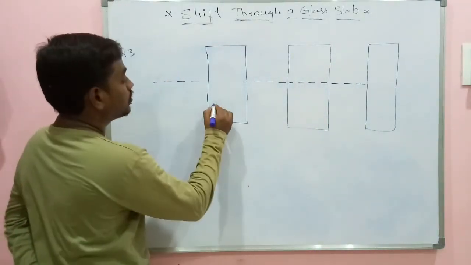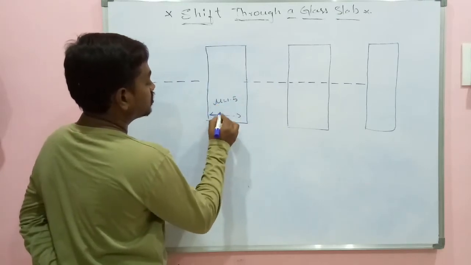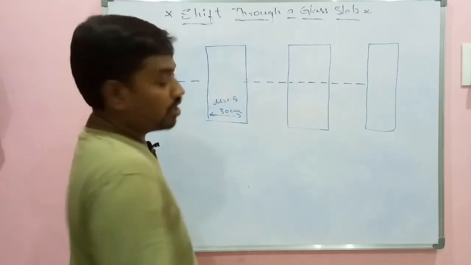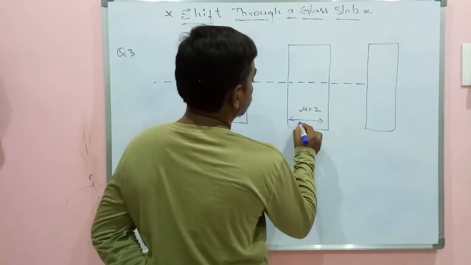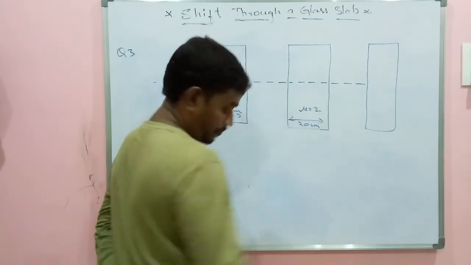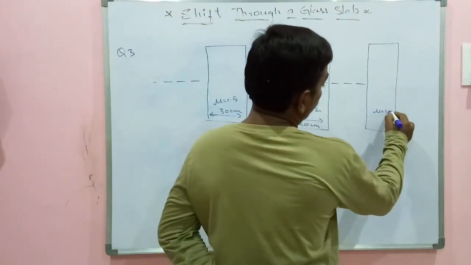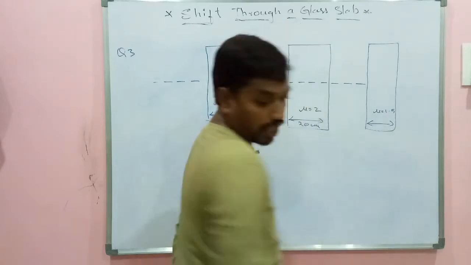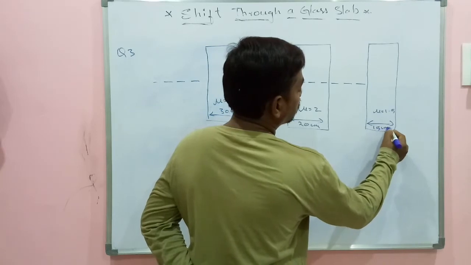Here mu equals 1.5, the thickness is 30 centimeters. And here mu equals 2 and the thickness is 20 centimeters. And here mu equals 1.5, thickness is 15 centimeters.